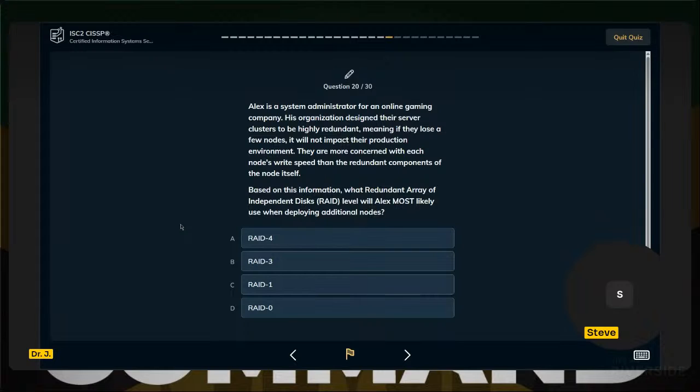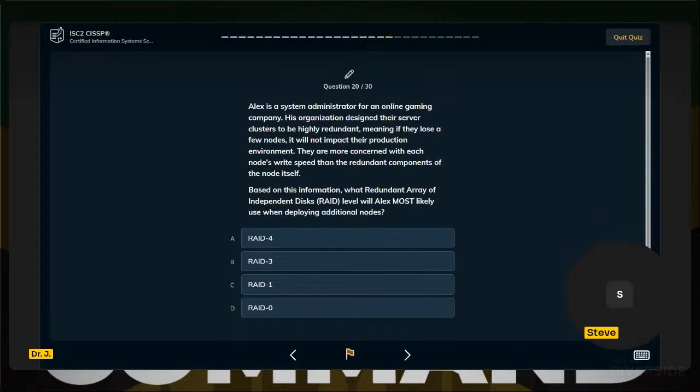Let's see. I think RAID 0. Because RAID 0 is what, two disks? Well, they're all two disks, but one's redundancy and one's striping, where you can double the speed because you spread it over two disks. Zero is striping and one is mirroring. Right, so one gives you redundancy and zero gives you speed.